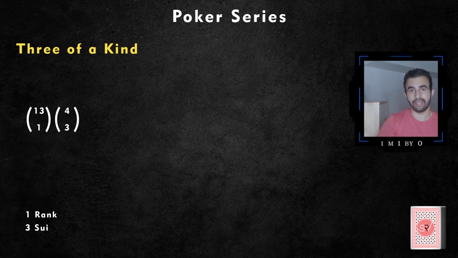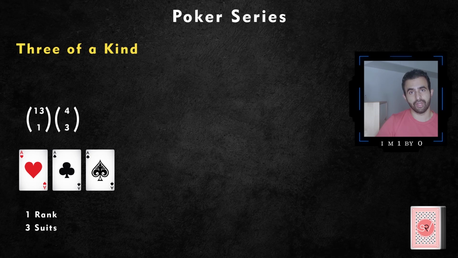From the 4 suits, I need to choose 3 after picking a rank. For example, if I choose an ace, I can choose the ace of hearts, club, spades, the ace of diamonds, club, spades. So there's a choice there as well. So these two interact with each other. Rank into suit. Remember, rank into suit. That's the easiest way to remember poker probabilities, right?